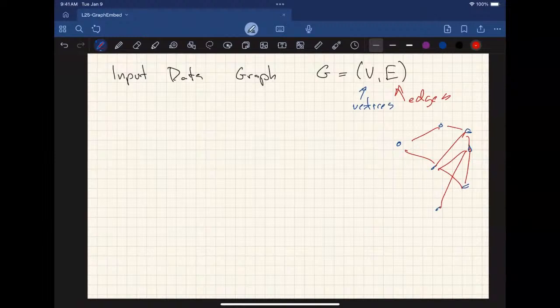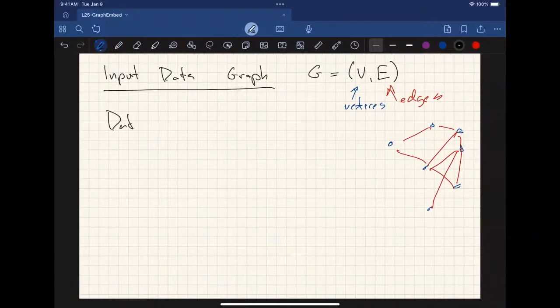Often the data objects are usually the vertices.